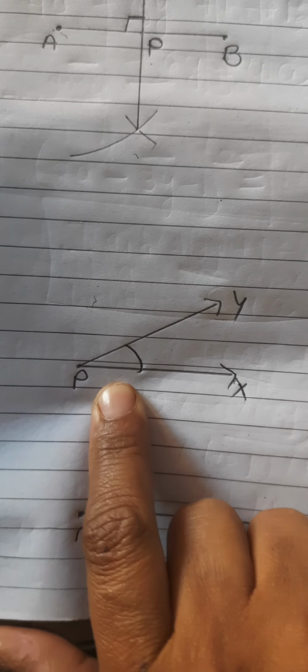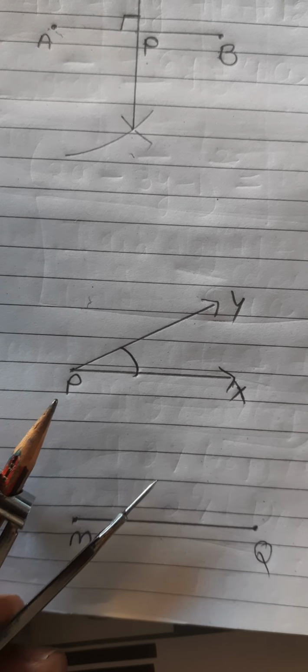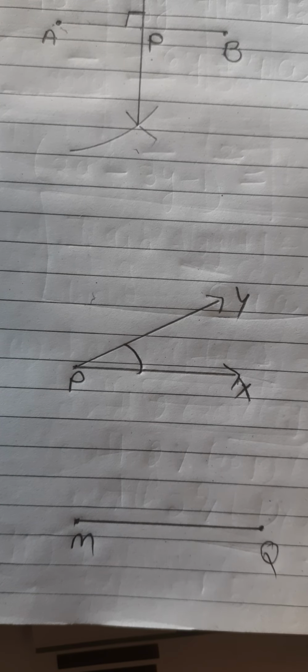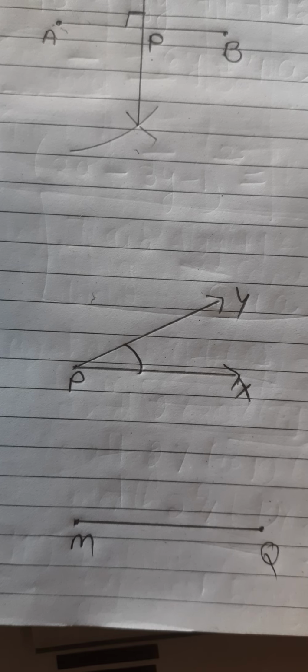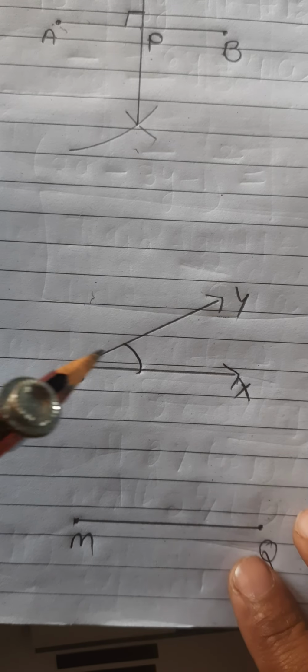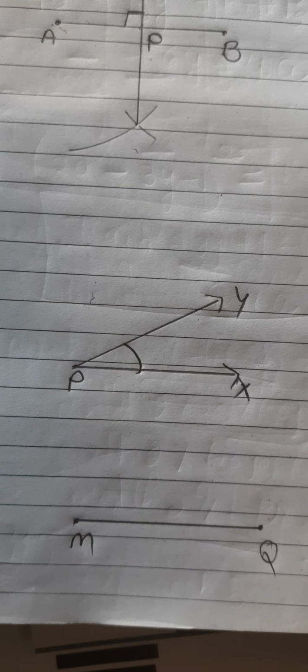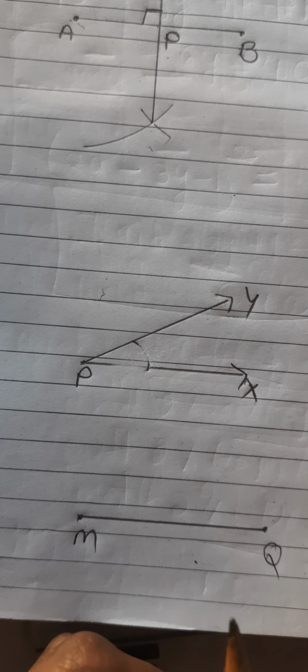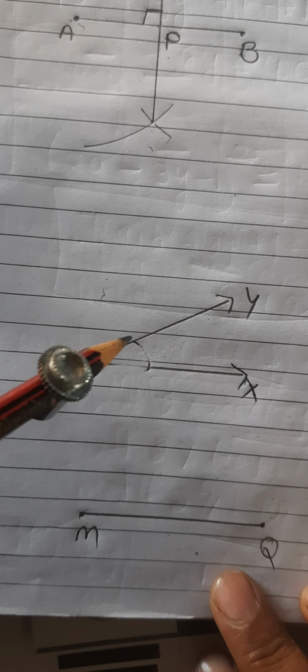So the method is, when we have to draw an angle equal to this angle, we open our compass, then we will draw an arc, opening it a little bit, an arc from P, taking P as center. I am rubbing it just to avoid the confusion of arcs. Okay, now I am taking this P as center and drawing an arc.